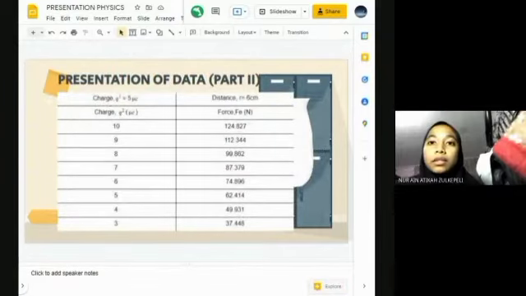Thank you, Athira. So the next slide is presentation of data part 2. For part 2, the constant is charge Q1, which is 5 microcoulomb, and the distance R, which is 6 centimeter. What we change is the charge Q2 in microcoulomb. We start from 3, and the last charge is 10 microcoulomb.